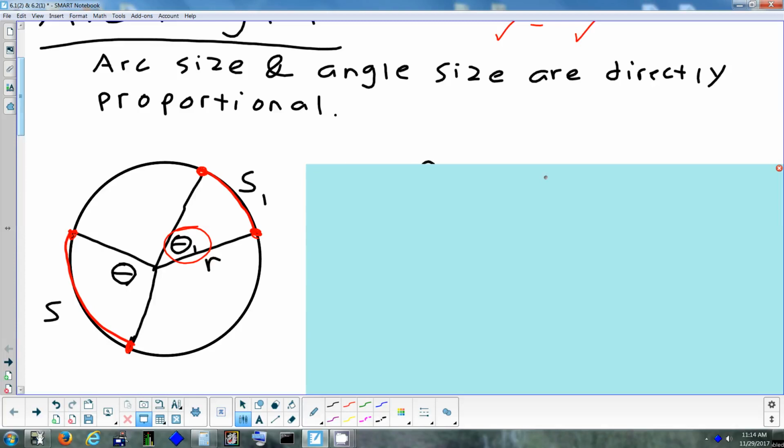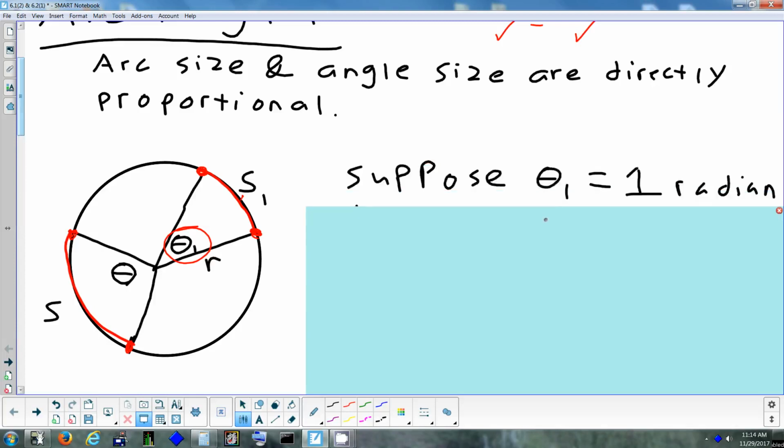If it's a certain size, then that arc is automatically the same as something else. Yeah. The angle would be 1 radian if the arc is equal in length to the radius.